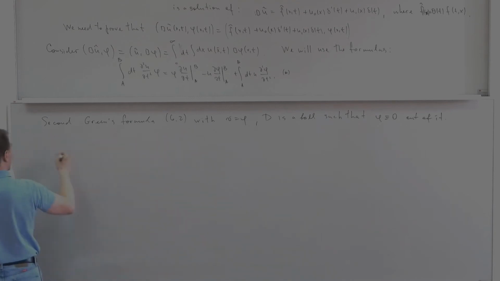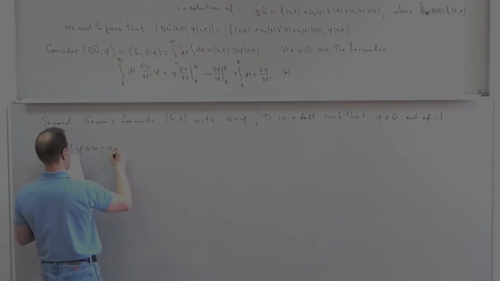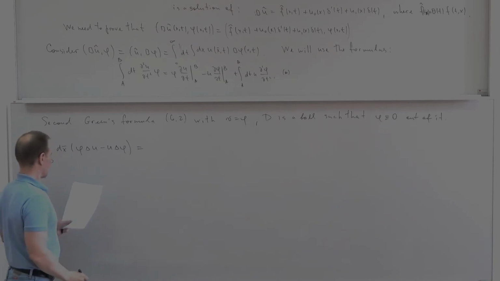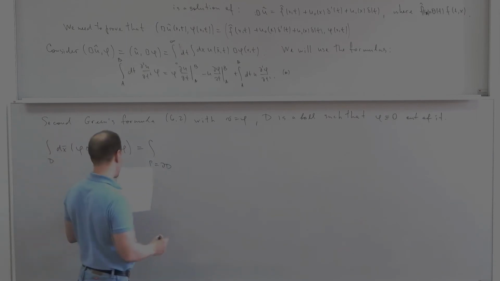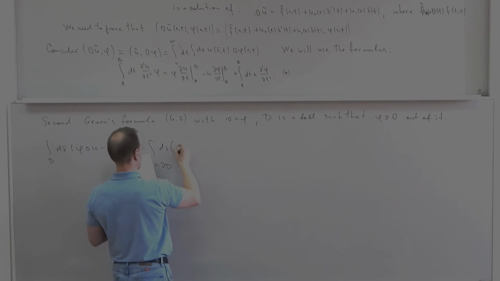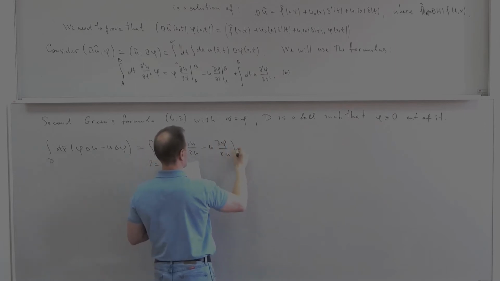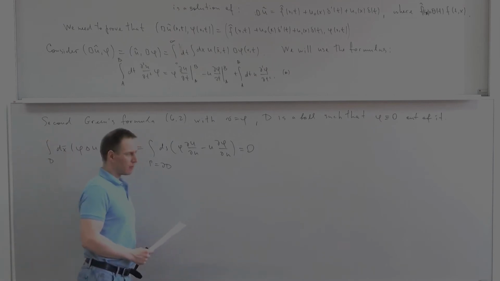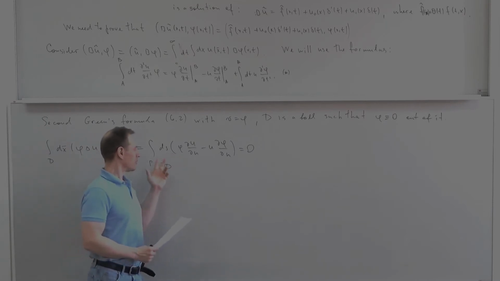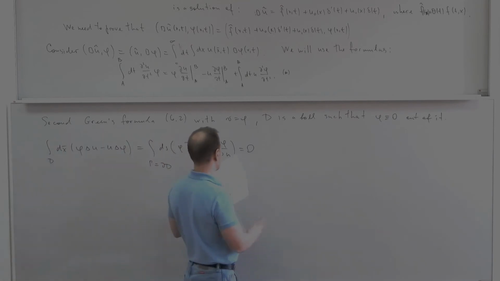Then, as follows from the formula 6.2, we can rewrite this integral as integral of the boundary of D. And this integral is equal to 0 due to the choice of the ball D, namely due to the fact that in D and on its boundary phi and the derivative of phi are equal to 0.